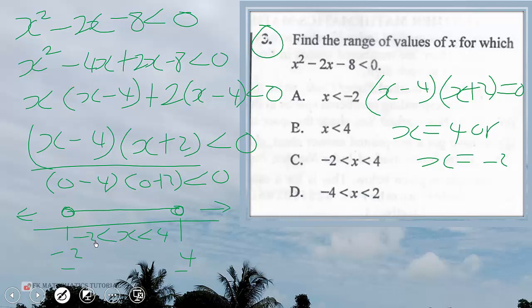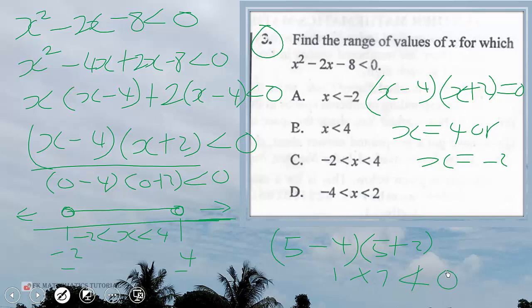If you pick a number from this region, a number greater than 4, let's say 5, when you put 5 here, you get 5 minus 4 into bracket 5 plus 2. So 5 minus 4 is 1 times 7. 7 is not less than 0.